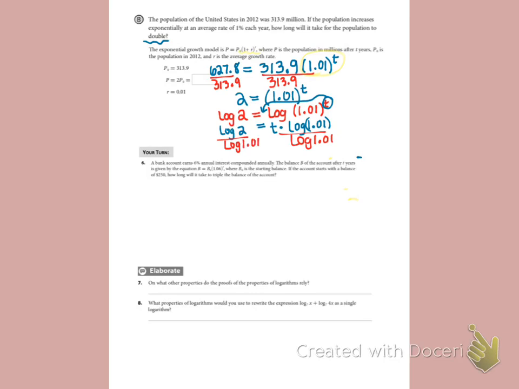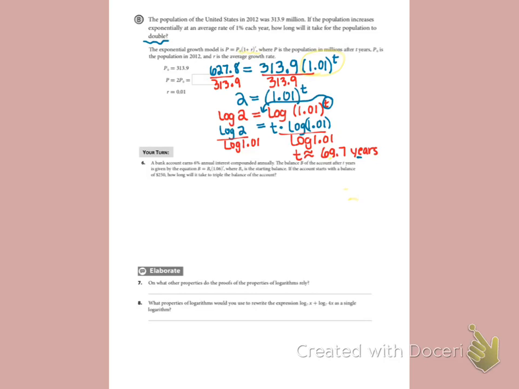I'm ready to go to my calculator to find out what t is. But instead of using the graphs and finding where the graphs intersect, I'm actually using algebra. I'm going to just simply divide the log of 2 by the log of 1.01, and I get about 69.7 years. And I could verify that by plugging that back into my original equation, and if I plug that in for t, I get approximately 627.8, and I do.